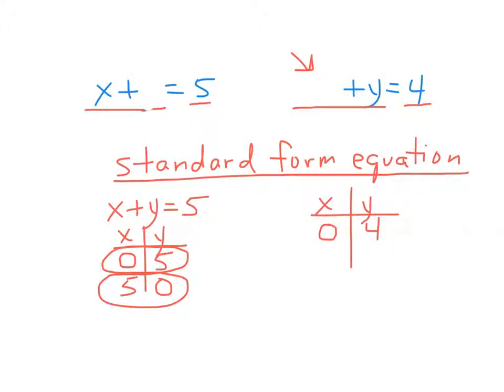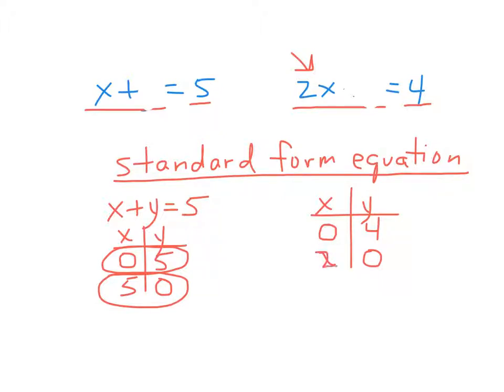Then, if I wanted to let y equal 0, I'm going to put my 2x back in here. Now y is equal to 0, so it gets rid of the y. I have 2x is equal to 4, which must mean then that my x would be equal to 2.